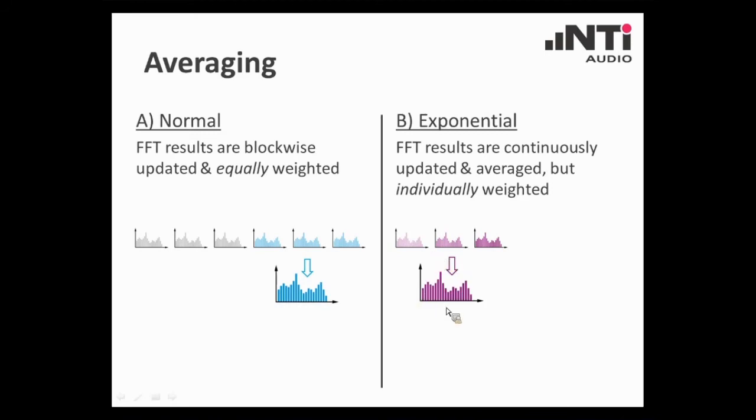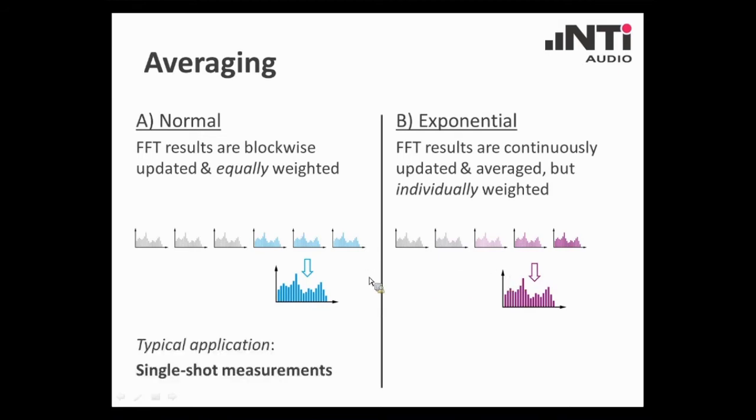Now here the average has been calculated, but the weight of the last spectrum is higher than of the one before and the first one. And furthermore, as soon as I acquire another FFT spectrum, I immediately calculate the next FFT average spectrum, kicking out the very first spectrum and again considering these three spectra with individual weights, and so on and so forth.